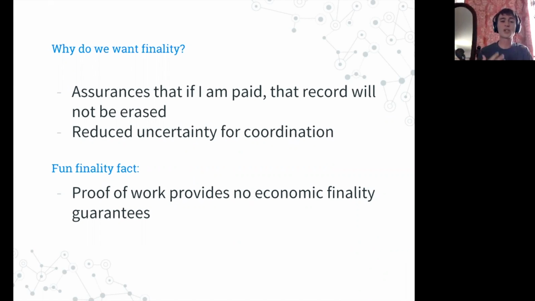This is so important because we don't want any doubts in the user's mind, like, maybe I'll write the smart contract and someone's going to pay me, but it could be reverted at any moment. That's the whole point of the blockchain, to reduce that.